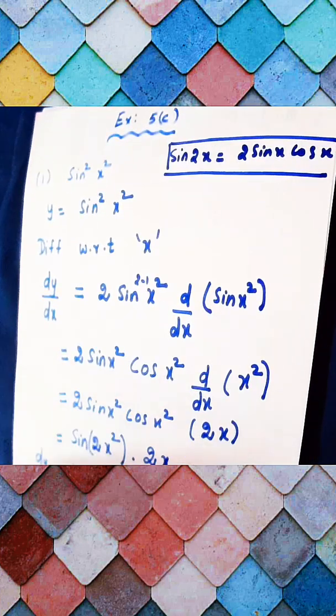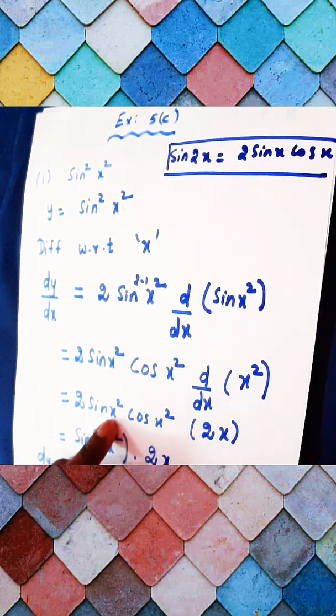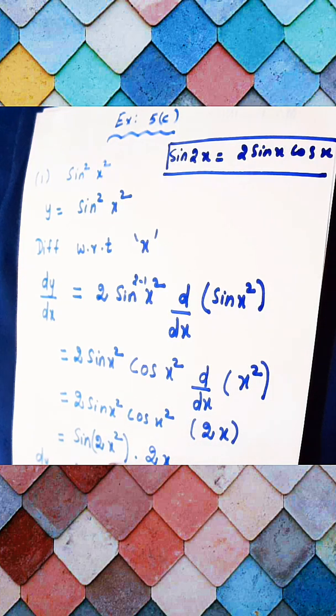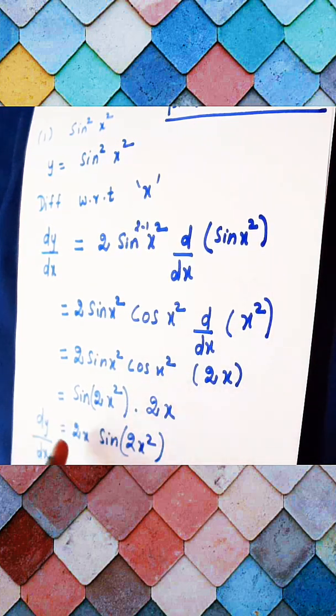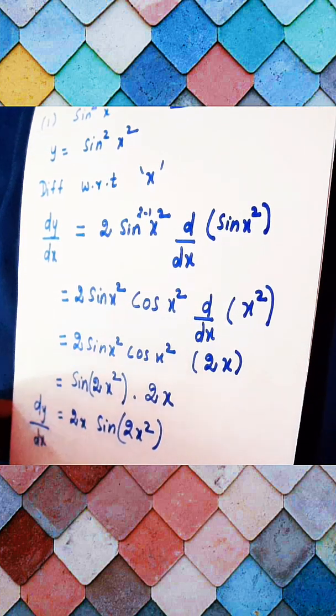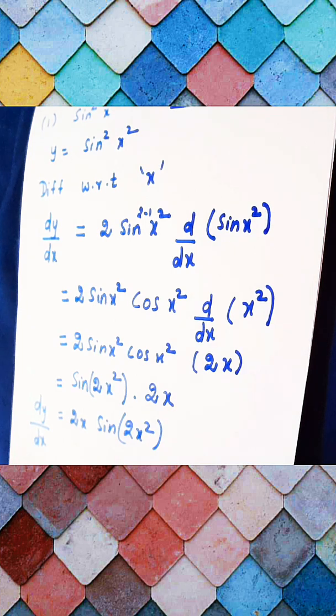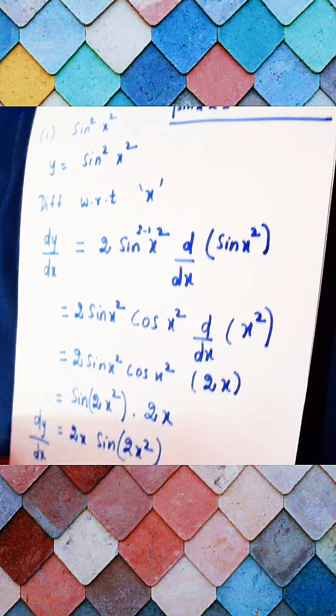So, in place of x, you have x square. It is sine 2x square, into 2x. We cannot multiply these two because 2x square is the angle. We'll bring 2x in the front. dy by dx is 2x into sine 2x square. This is the answer.